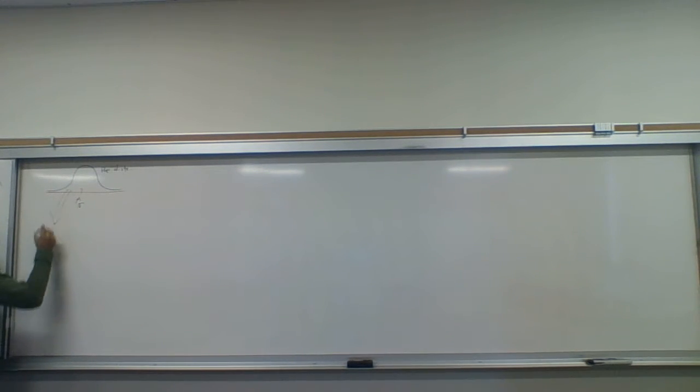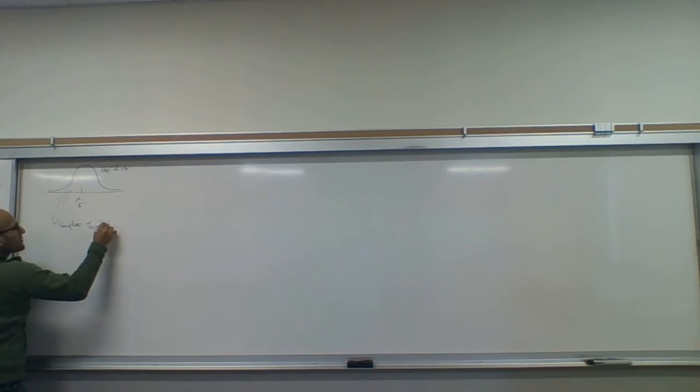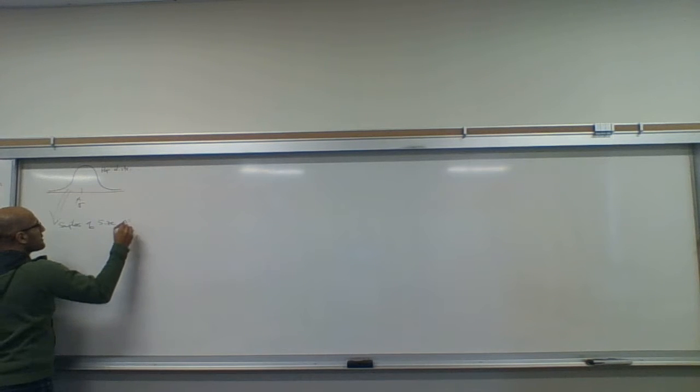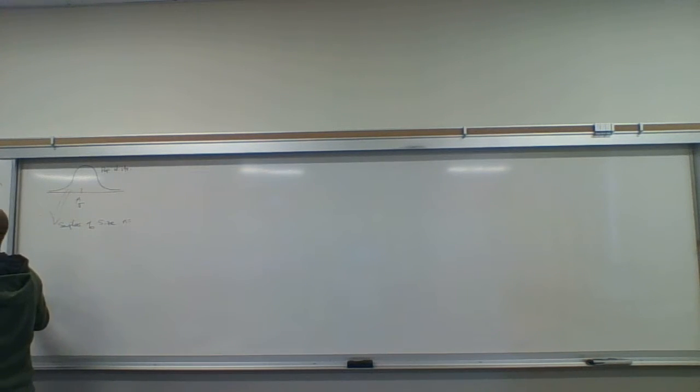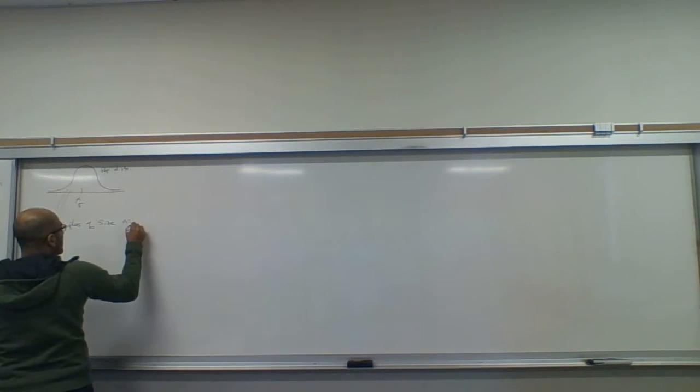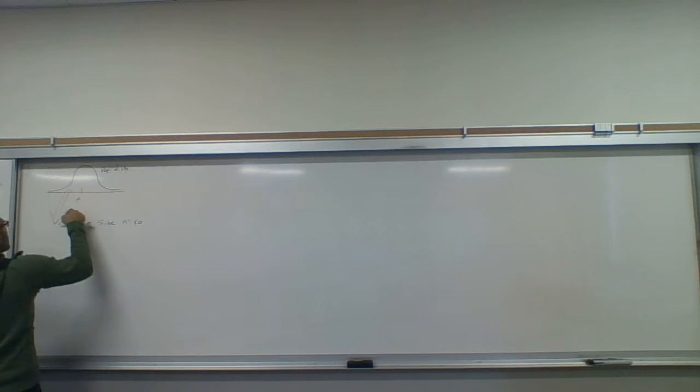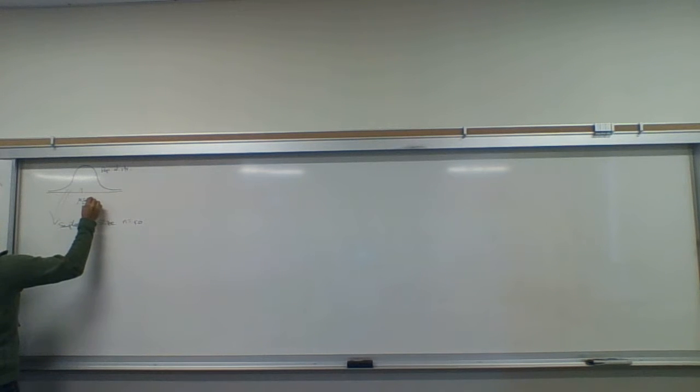We know that if we take samples of size n equal to, well, let's work with this data, n was equal to 50. We are going to assume under the null hypothesis that mu is equal to 154.8.